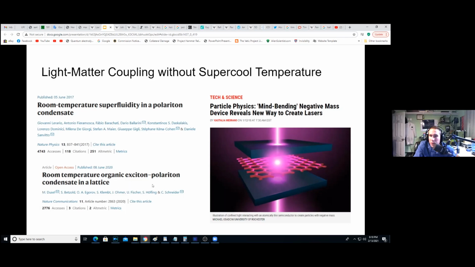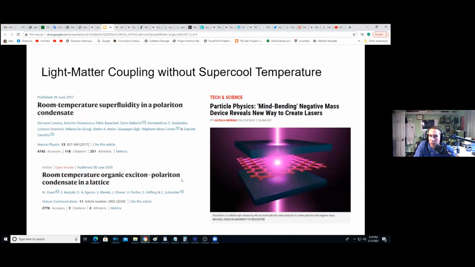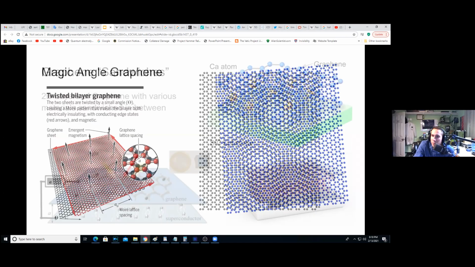So it's a very easy way to do condensed matter and condensed matter light coupling. It's much easier than creating Bose-Einstein condensates or a lot of these other more exotic matter states that have been done in laboratories. It's easier if we create these layered sheets and layered materials the right way.